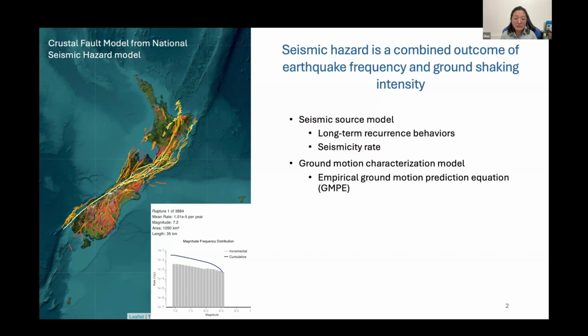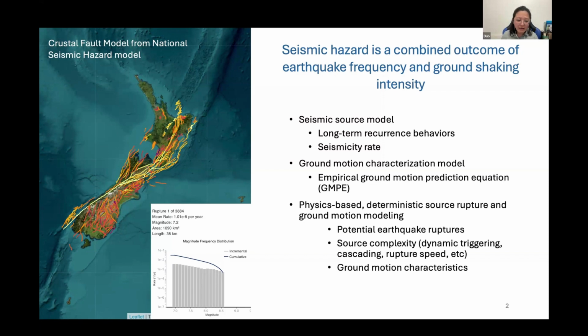But the current issue for some regions is that there is not enough seismic data to confirm either the source rupture model or the ground motion characterization model.